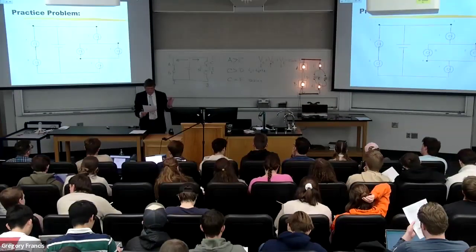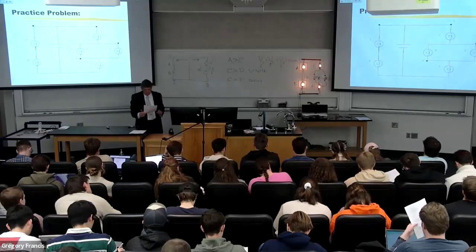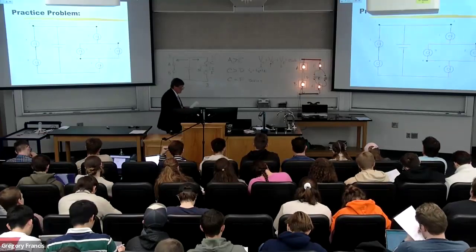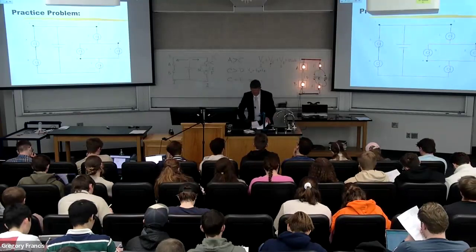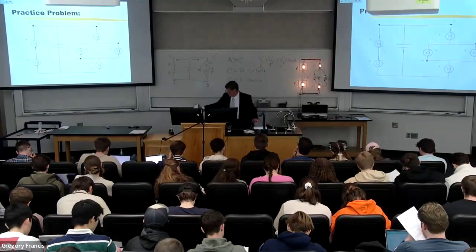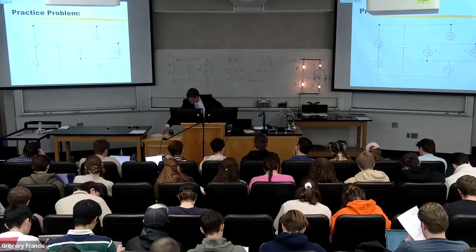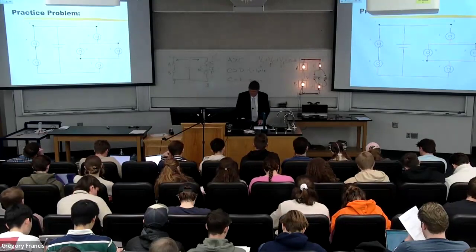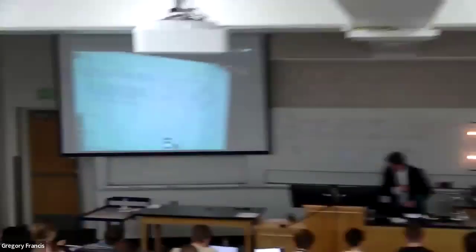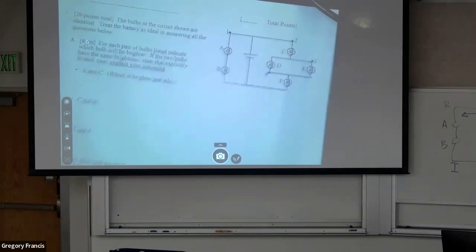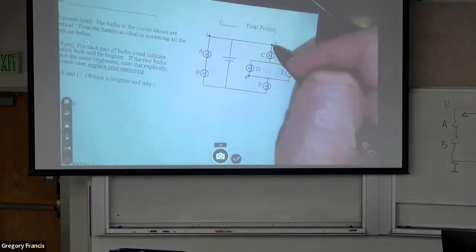Okay, now we put D back in and we add a new bulb. Let me draw it for you. We add a new bulb between points 2 and 3.